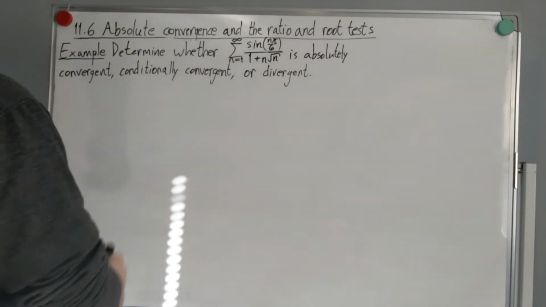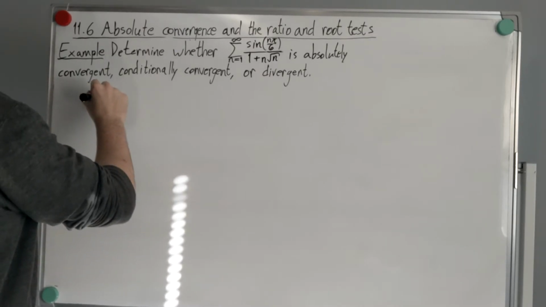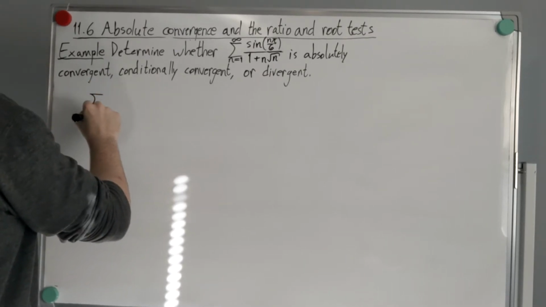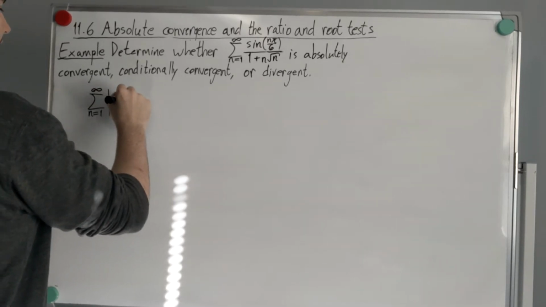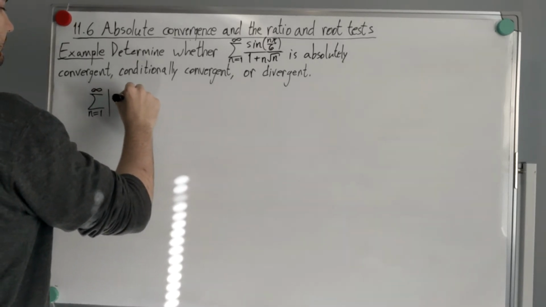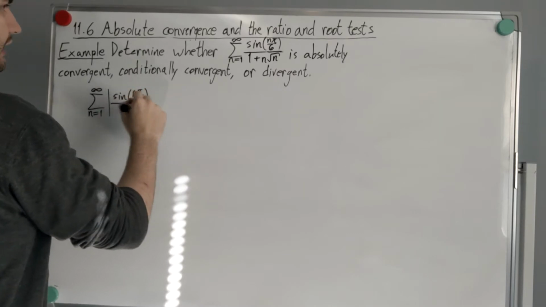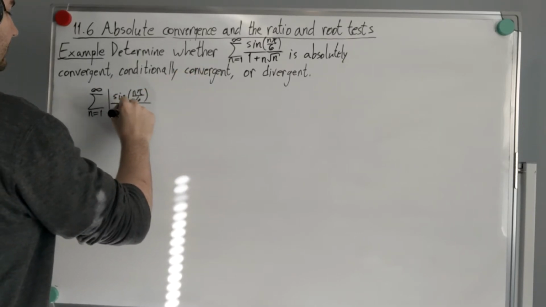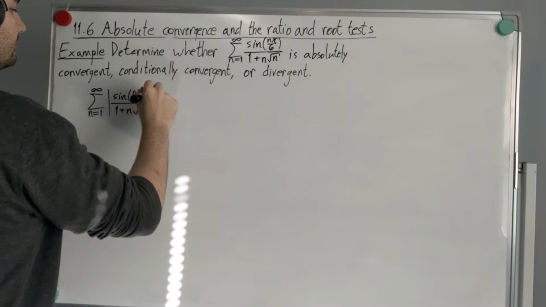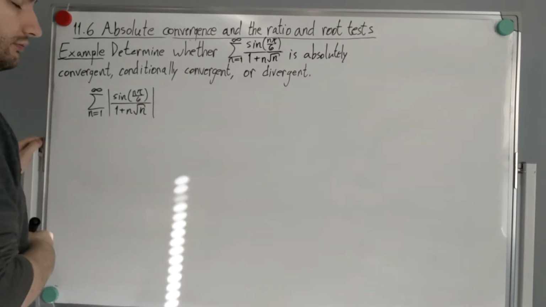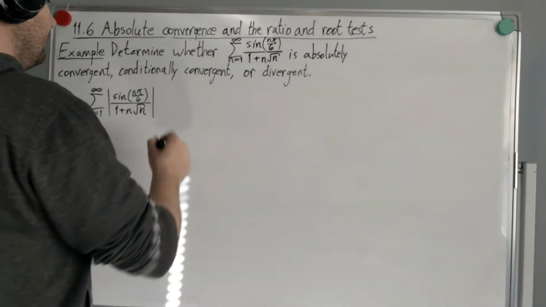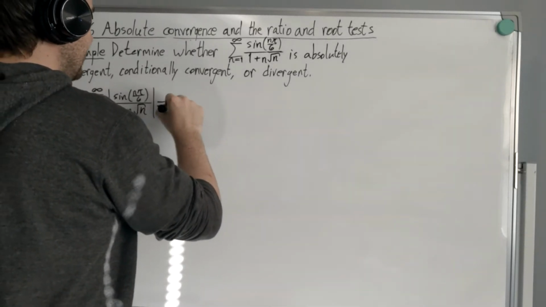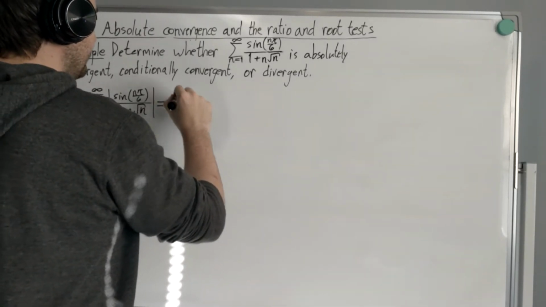So we do the same thing. We look at the sum of n equals 1 to infinity of the absolute value of the sine of n pi over 6 divided by 1 plus n root n. Now, as before, the denominator is always positive, so you don't have to worry about that.